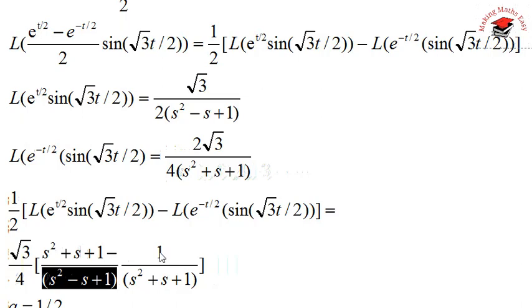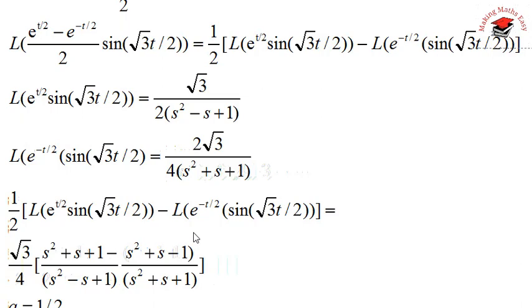I am going to remove this minus symbol and put it at this position. So now we can open the bracket. After opening the bracket, this will become equal to minus of s square, and this minus symbol will become plus. Also this plus symbol will become minus.